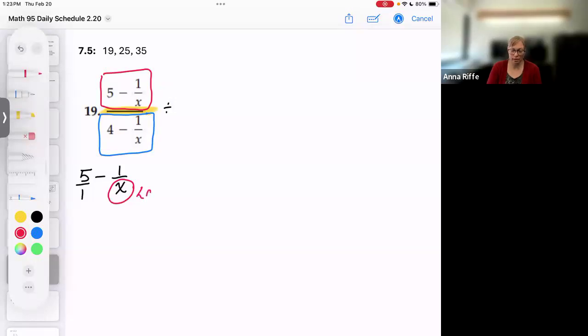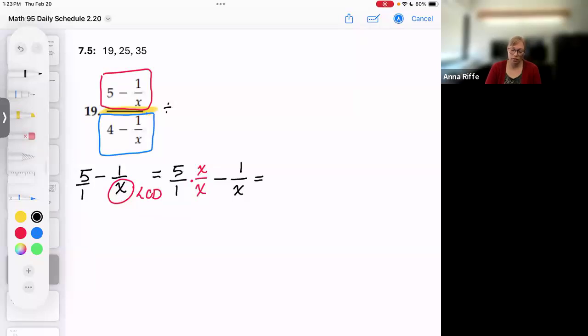So we're going to let x be my least common denominator. 1 is a factor of everything, so it doesn't really come into play much when we find the least common denominator. So 5 over 1, I want to write with a denominator of x. If I multiply 1 by x, I get x. I can't do that, though, unless I multiply the top by exactly the same thing. So there's the first term. My second term, I don't need to change because it already has the denominator of x.